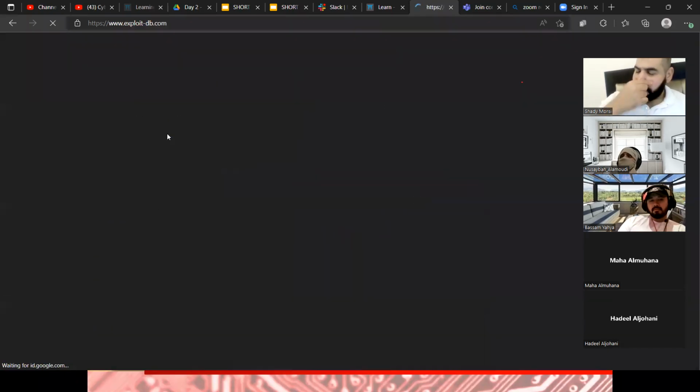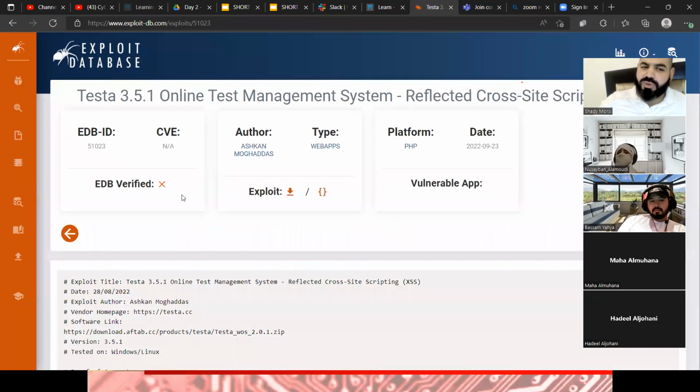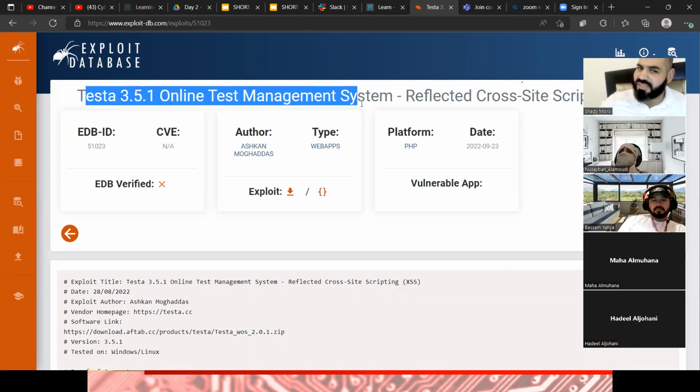This lists all the exploits that have been discovered recently. Each of these exploits, you can just click on it, and it will show you which application is affected. For example, there's an application called Testa, an online test management system. They found vulnerabilities, and there is an exploit ready for it.